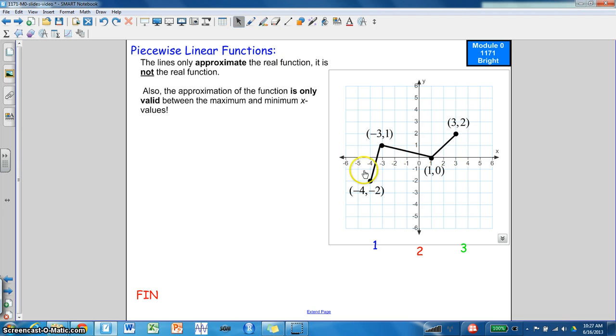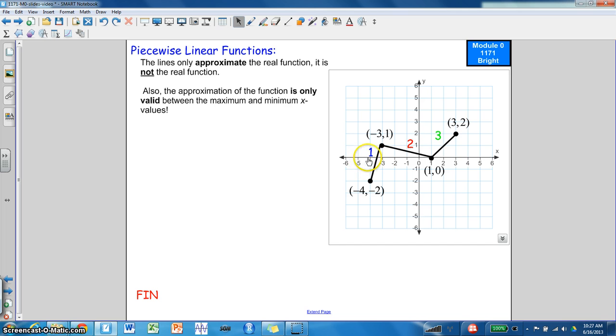If we can determine the equations of the lines, we can have some approximate idea of what the function is doing between those data points. So the piecewise linear function that we're going to make is going to have 3 branches.